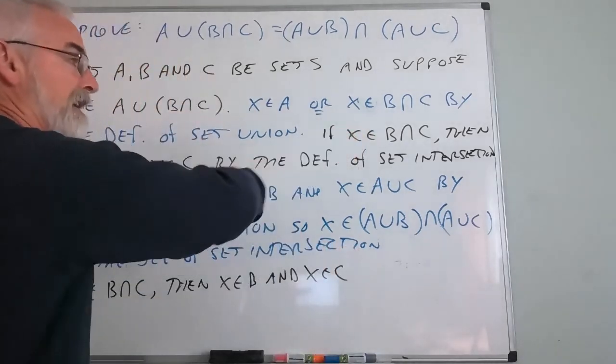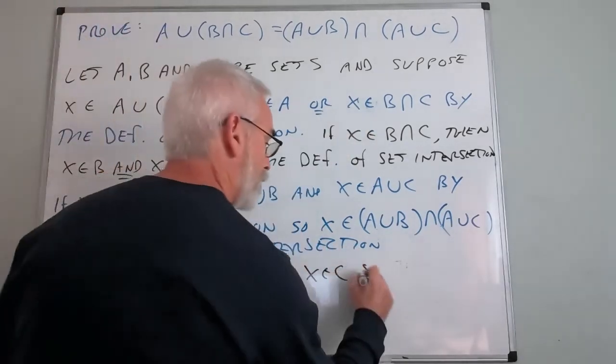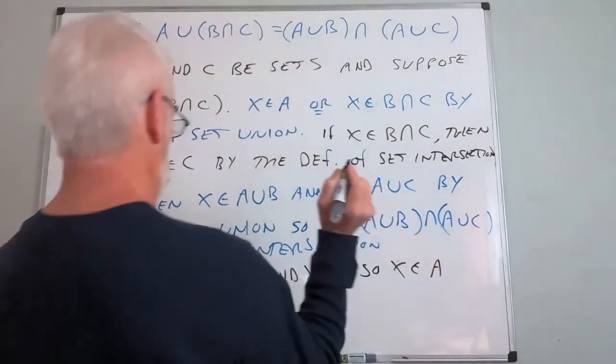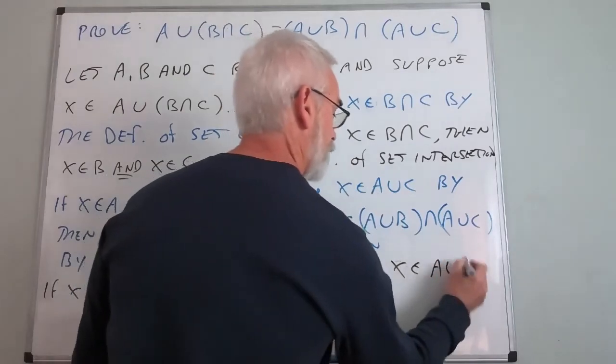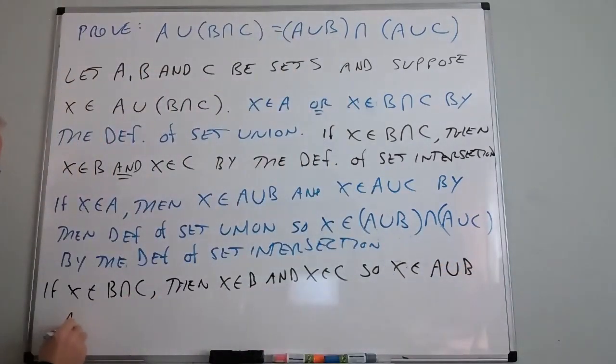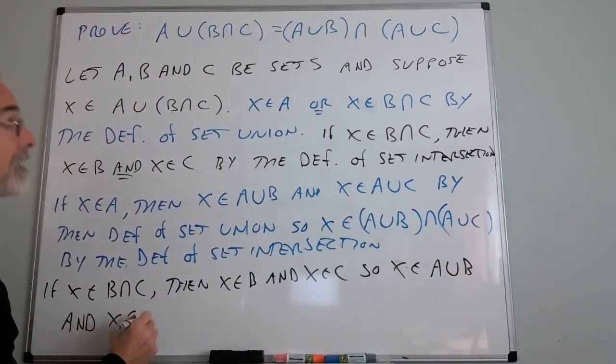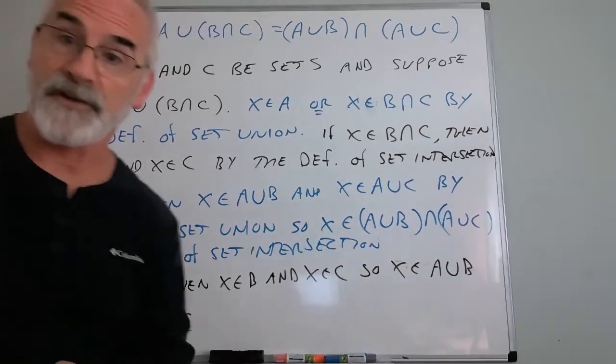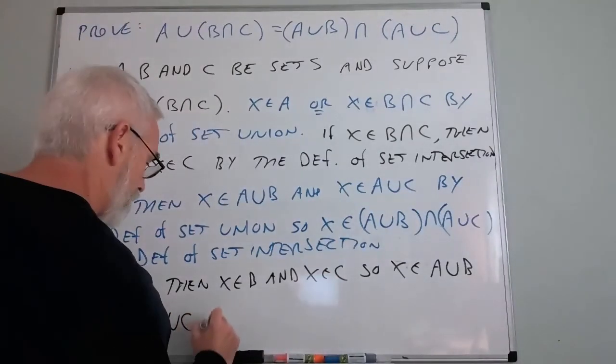And we already said, by definition of set intersection, so X is in A union B and X is in A union C by the definition of set union.